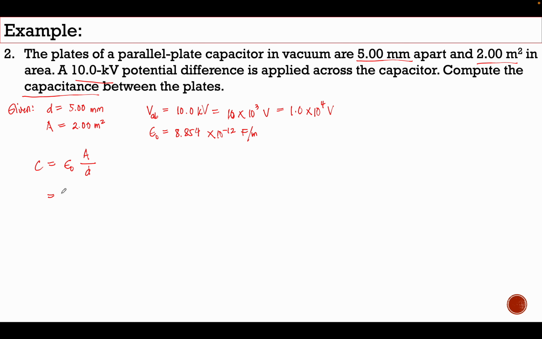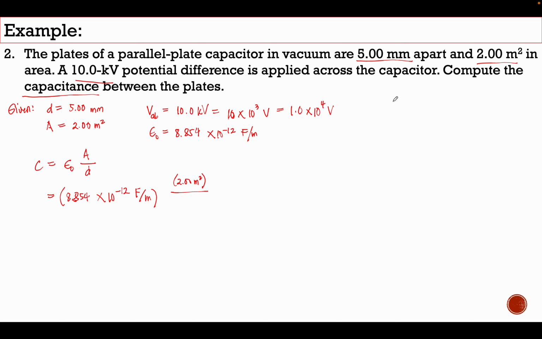Okay, so substituting their values, we have 8.854 times 10 to the power of negative 12 farad per meter times our area, which is 2 square meters, divided by the distance.